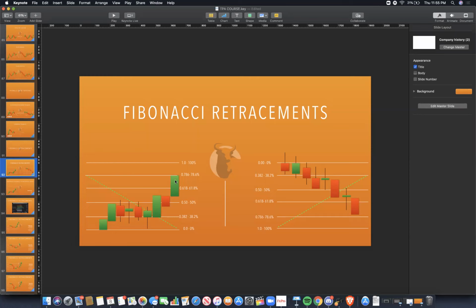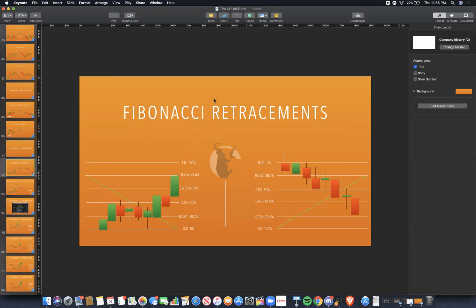Did it retrace halfway and then start going down? Did it retrace 60% and start going down? That's important to understand. If you understand that, type 1. If you don't, type 0. Perfect.